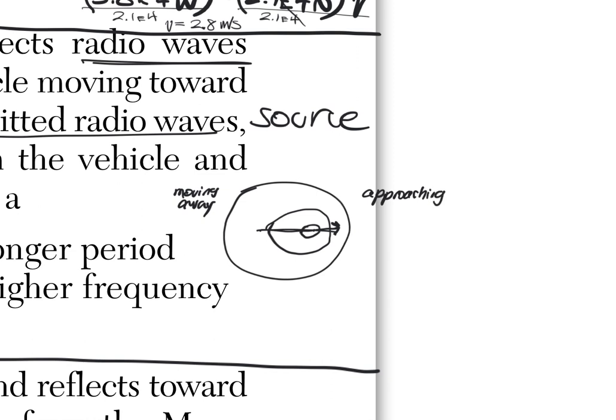The speed stays the same, but if the waves are bunching up, then they're going to have a shorter wavelength because the waves stack up. Since v is f lambda, and v is the same, if lambda decreases, then the frequency increases because f and lambda are inversely proportional. So if a source is approaching an observer, there's a higher frequency and a shorter wavelength. If they're moving away from the observer, then there is a lower frequency and a longer wavelength.